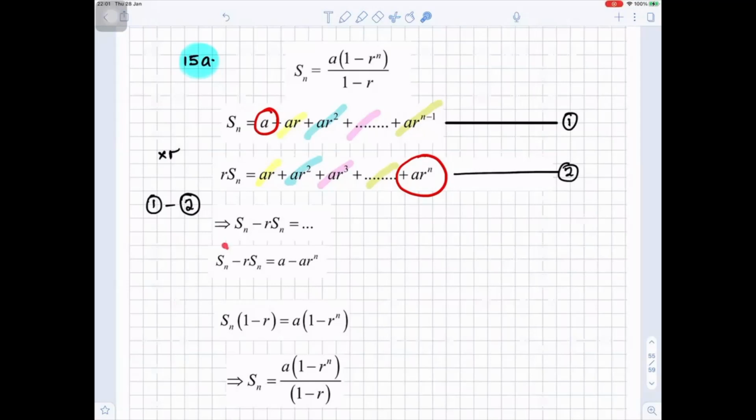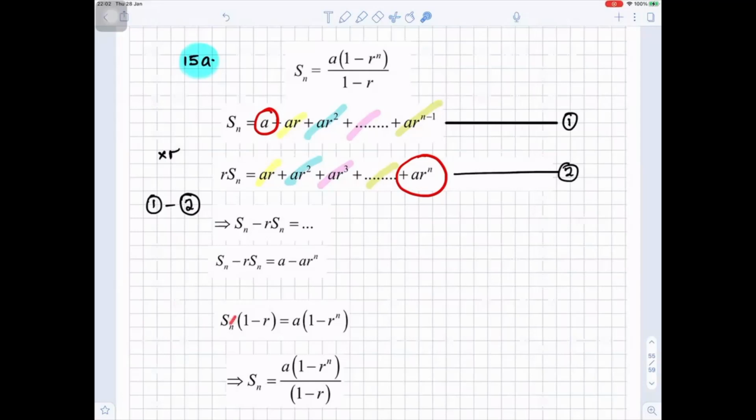We can factorize Sn out. This is like Sn times 1, so Sn can come out, and you're left with 1 minus r. This is like a times 1, so a can come out, and you're left with 1 minus r to the power n.